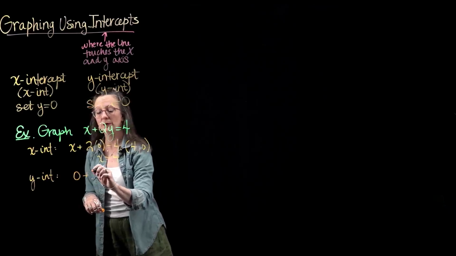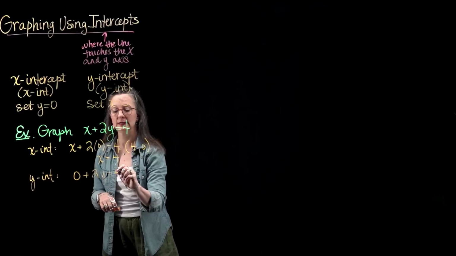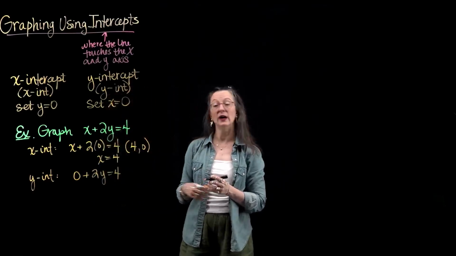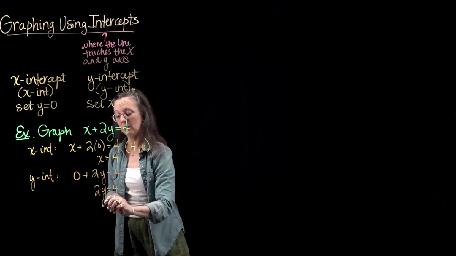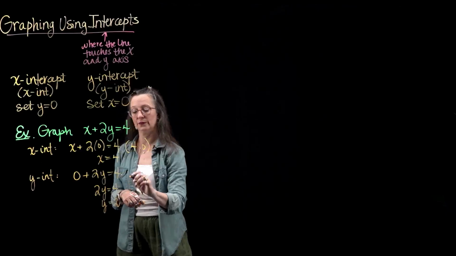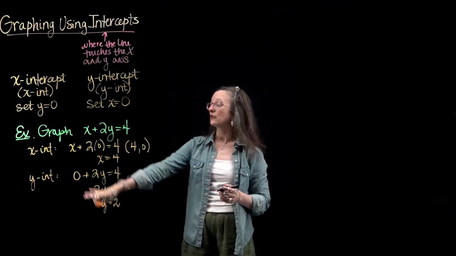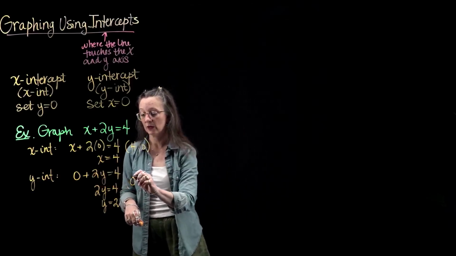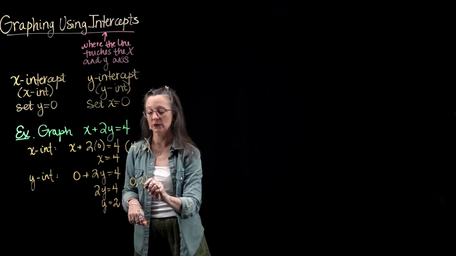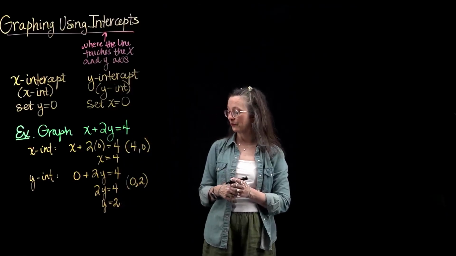So 0 plus 2y is equal to 4. Well, that means that 2y is equal to 4 and y is equal to 2. Remember, to find that y-intercept, we started with x equal to 0. So the point would be x equals 0, y equals 2.